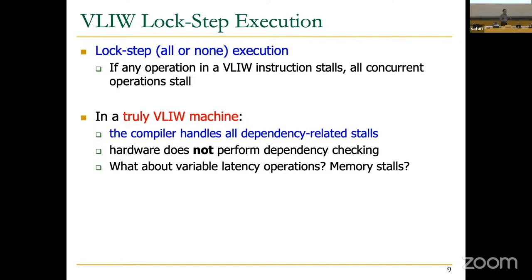Now, the problem happens when you don't know the latency of an operation. And there are cases where we don't know the latency of an operation. We discussed the multiply operation, for example. The latency of a multiply hardware unit can depend on the input to the multiply. If one of the inputs is 0, and if you detect that, the multiply can take 1 cycle. Very quickly, you set the output to 0.